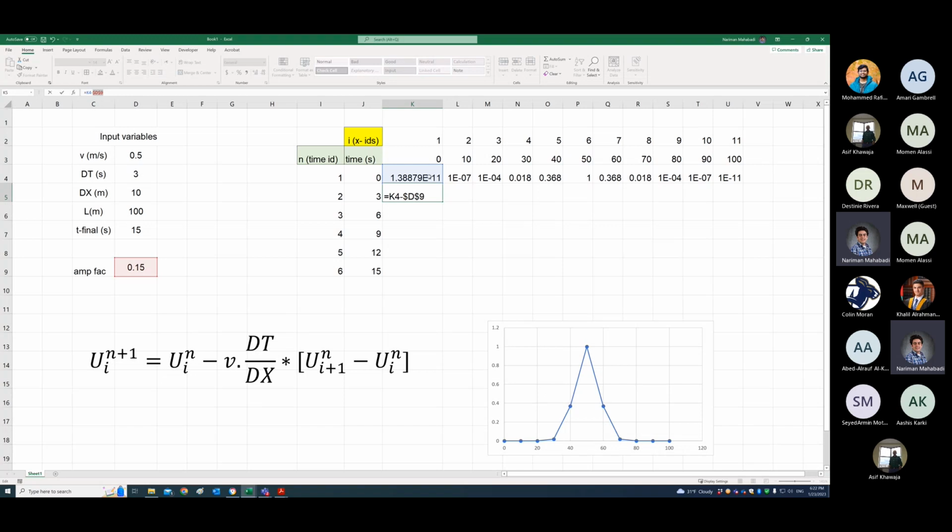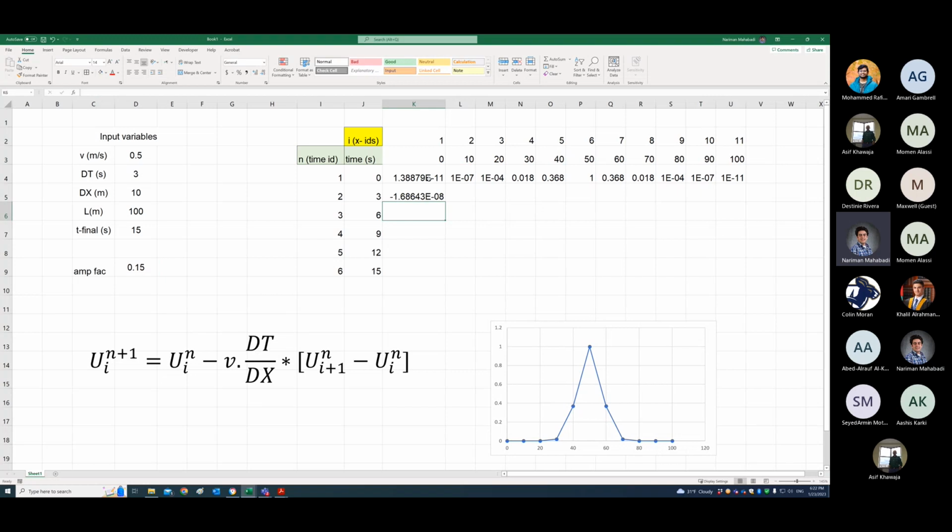The only thing that is changing and moving is really my unknown function. This multiplied by u_(i+1), so the next point in the previous time step, minus the same point. And this is my prediction of the unknown function for this time, right? I'm just going to extend this.